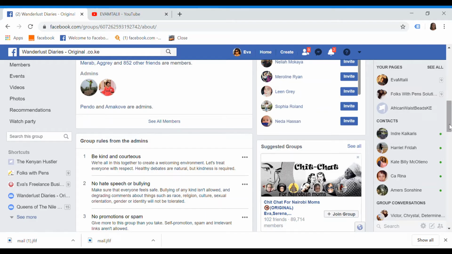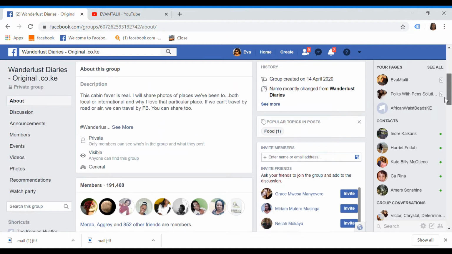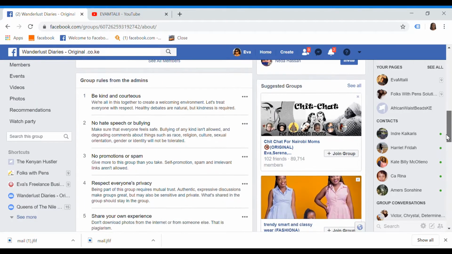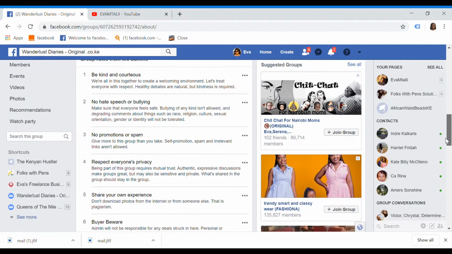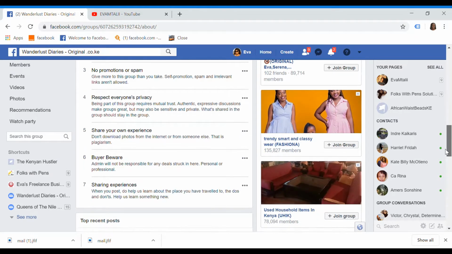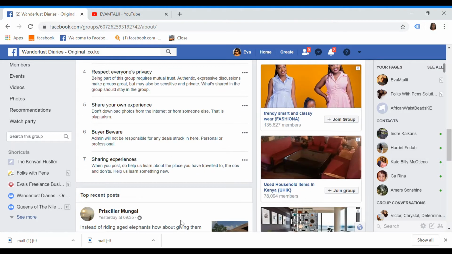And as you can see, this is the Wanderlust Facebook group, and it's very clear. They have clear rules from the admins: be kind, no hate speech, no promotions, no spam, share experiences. They even say what you need to do when you post, to help us learn about the place you have traveled to, the do's and don'ts, help us learn something new.